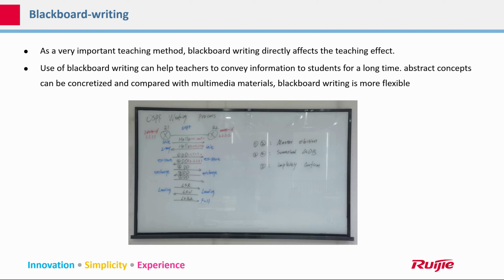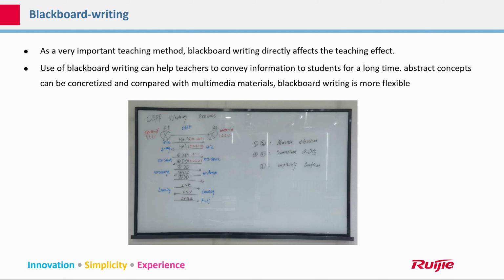And the next is about the blackboard writing. As a very important teaching method, blackboard writing directly affects the teaching effect, especially for points that are very difficult to understand or contents that are very complex. We can use blackboard writing to record them.